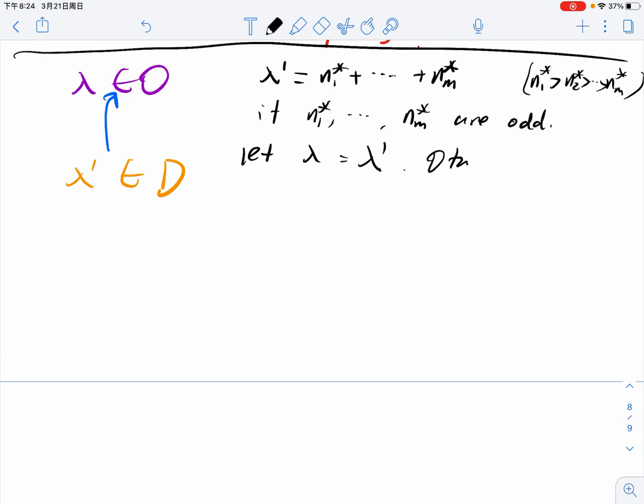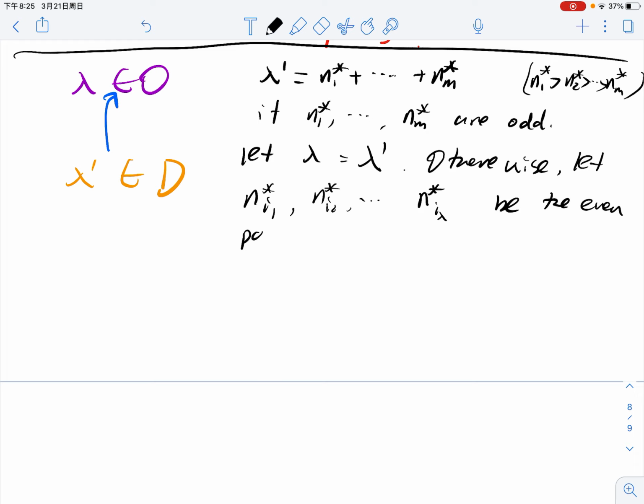Otherwise, let ni1 star, ni2 star, up to ni lambda star be the even parts. Even parts means those numbers are even.